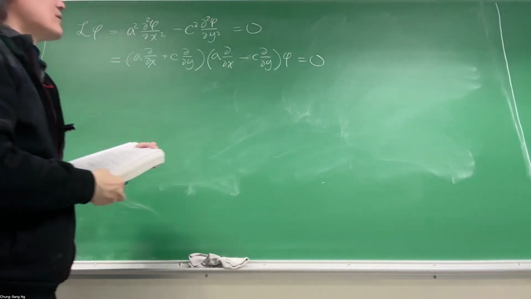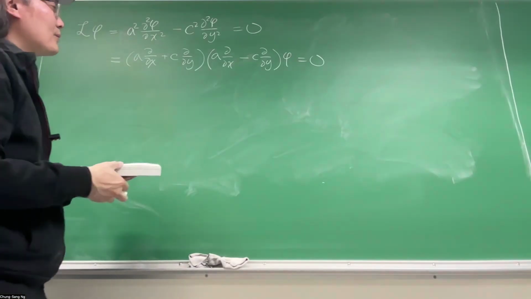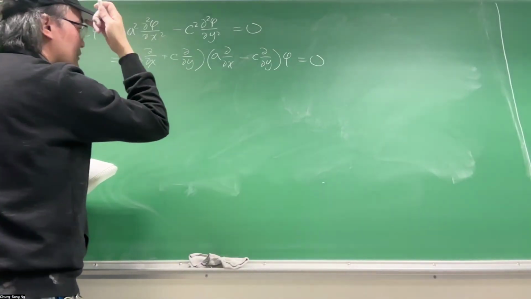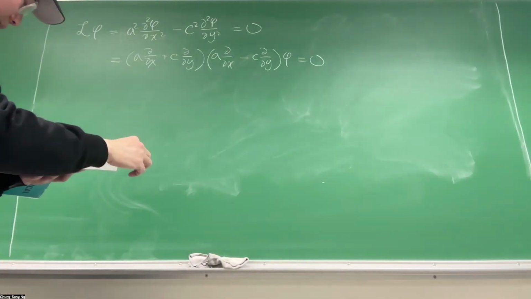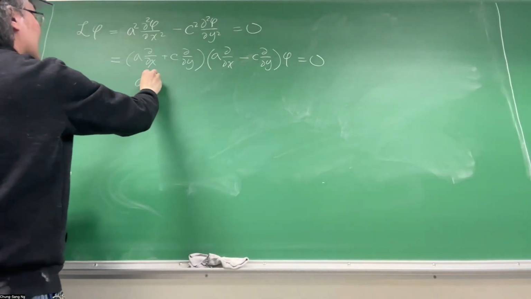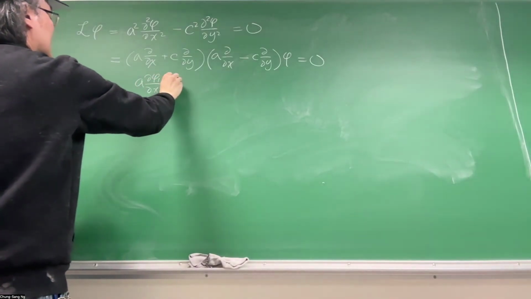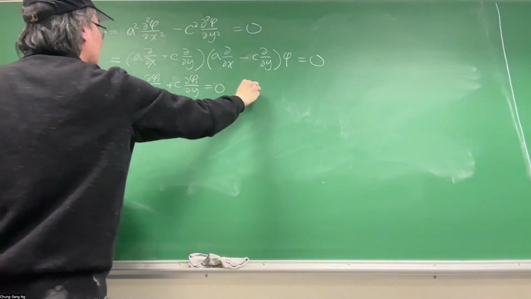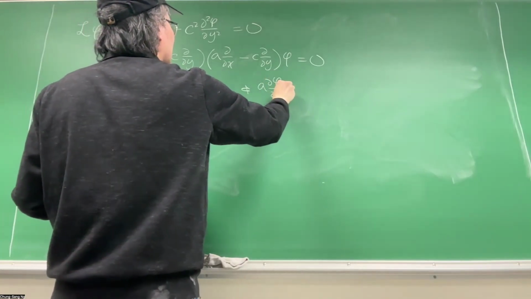Now once you write it like that, you can use the solution in the previous section to separate that into two solutions, phi sub 1 and phi sub 2. So you can say that a partial phi sub 1 partial x plus c partial phi 1 partial y equals 0. And another solution is a partial phi sub 2 minus c partial phi 2.